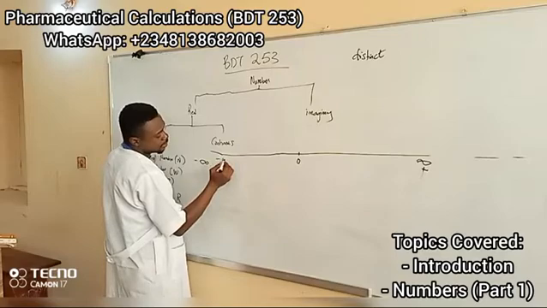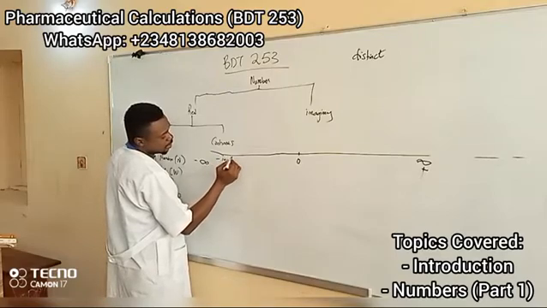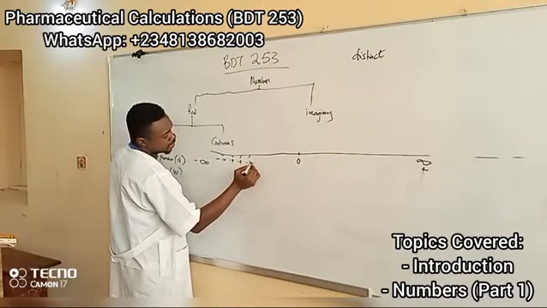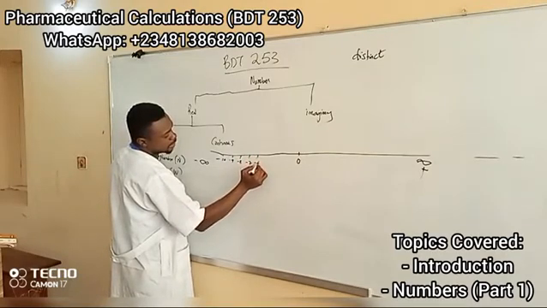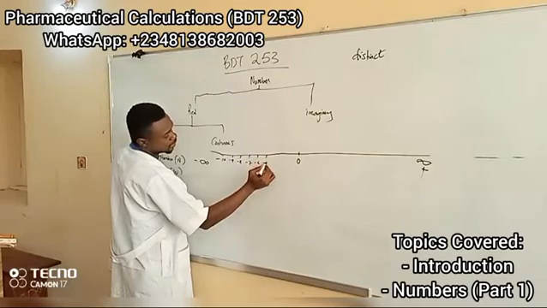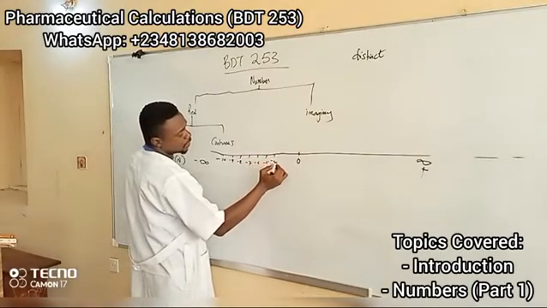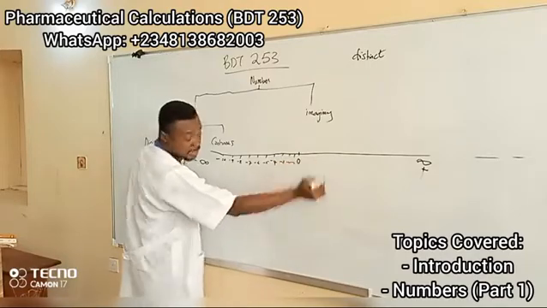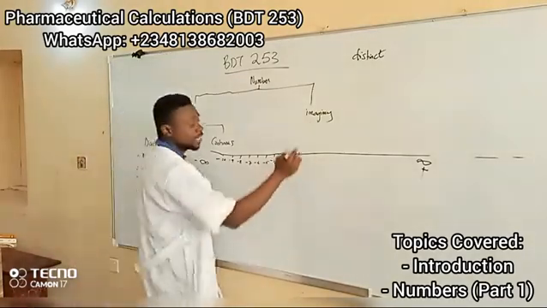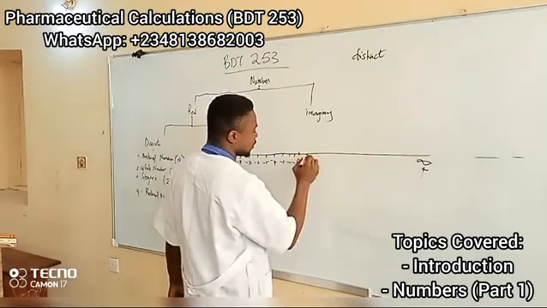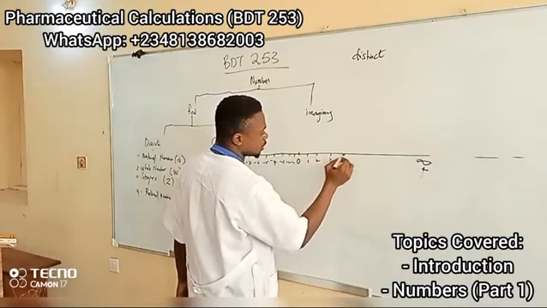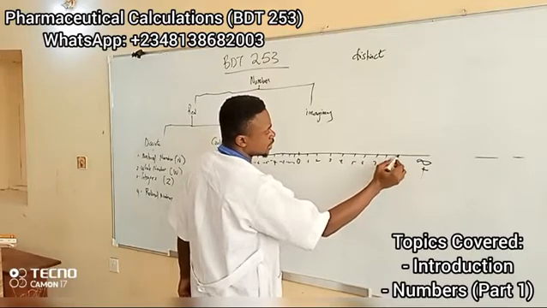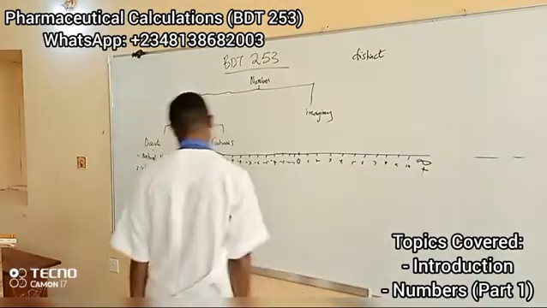Minus 10, minus 9, minus 8, minus 7, minus 6, minus 5, minus 4, minus 3, minus 2, minus 1, 0. Then from here, this side is positive. We have 1, 2, 3, 4, 5, 6, 7, 8, 9, 10.